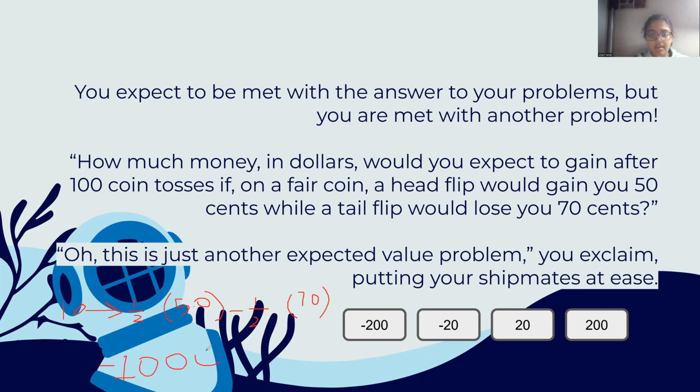So that would be negative 1,000 cents, which is negative $10. So for each, you would expect to lose 10 cents. Okay, I messed up my answers. I'm sorry. It should be -10, negative $10.